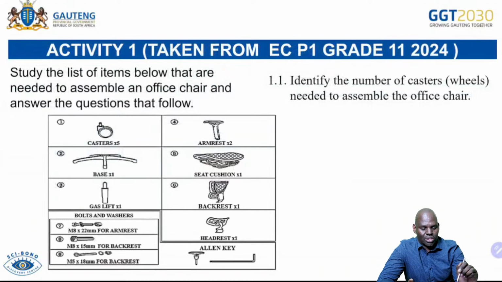This activity was taken from the Eastern Cape, paper 1, grade 11, 2024. Study the list of items below that are needed to assemble an office chair and answer the questions that follow.